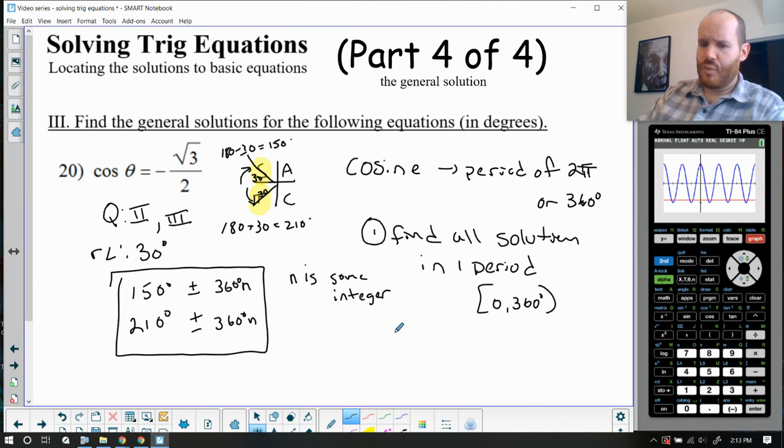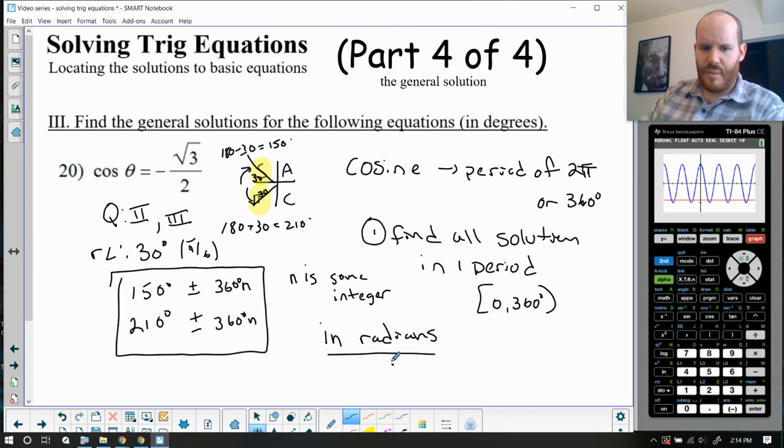If you were doing this in radians, it's very similar. 30 degrees in radians is pi over 6.